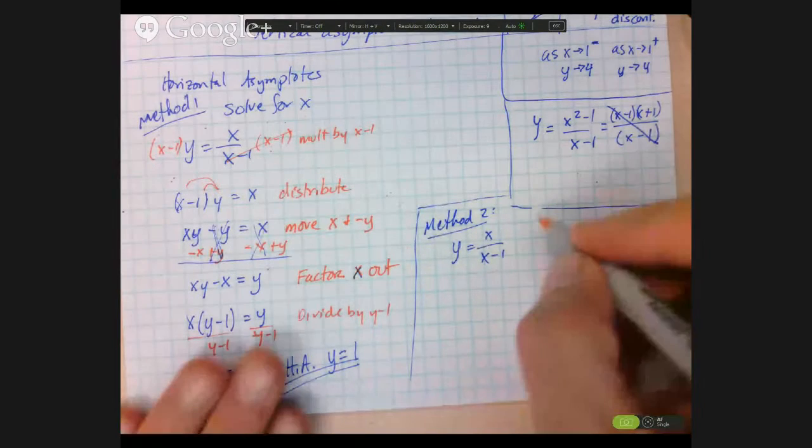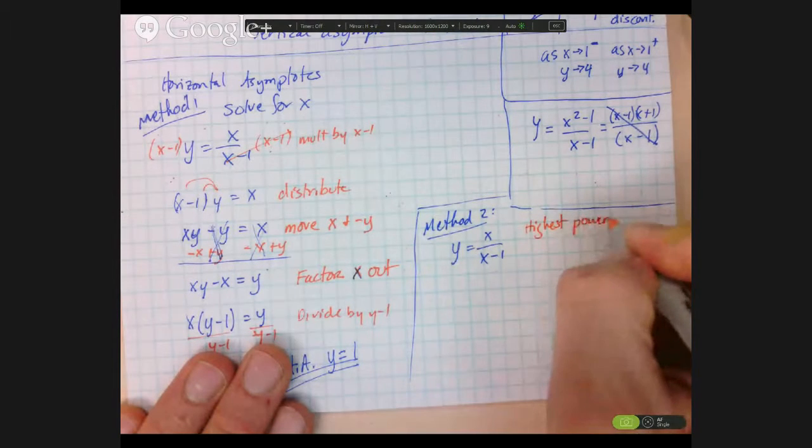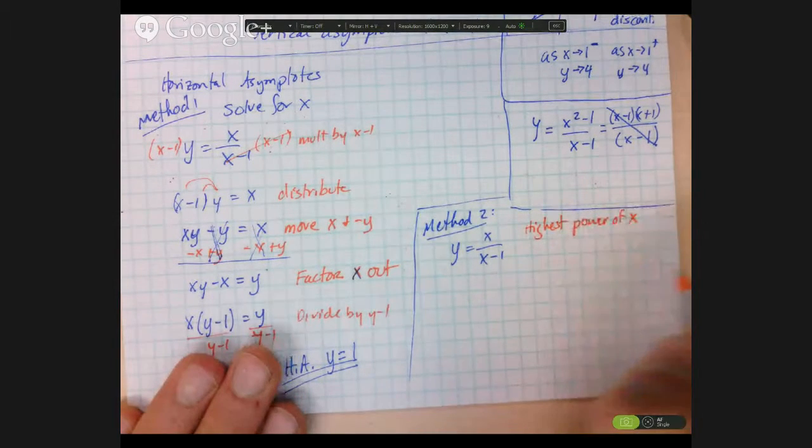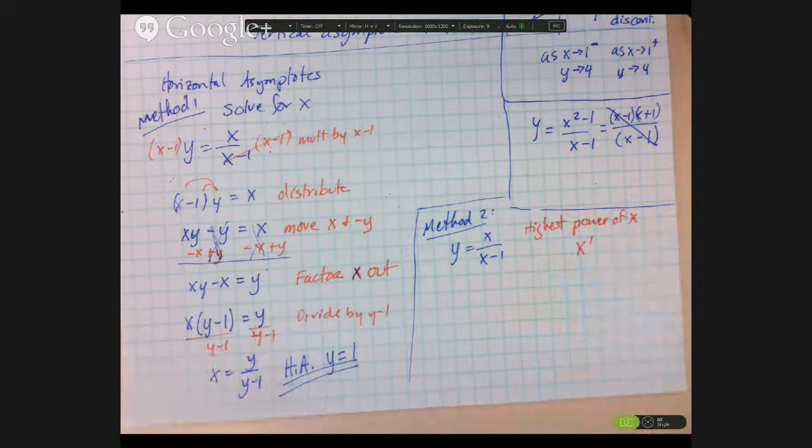Okay, what's the highest power of x? Yeah, it's x to the first, right?